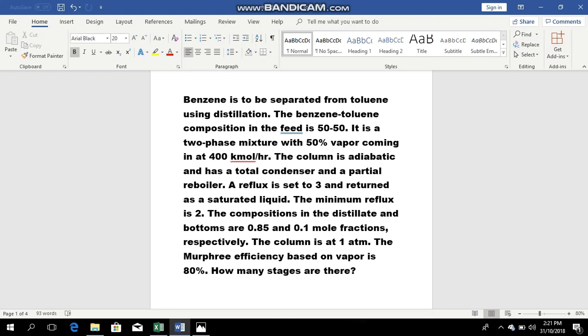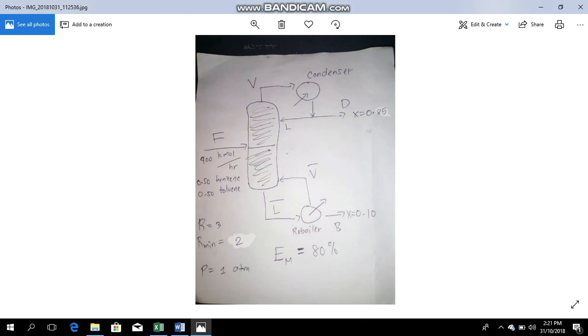So for us to have a better understanding of this problem, we have here a diagram. This is our feed on the left side, 400 kilomoles per hour, 50% benzene and 50% toluene. This is the midsection of our column.